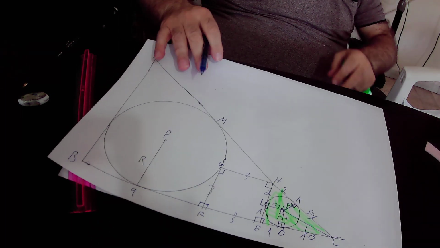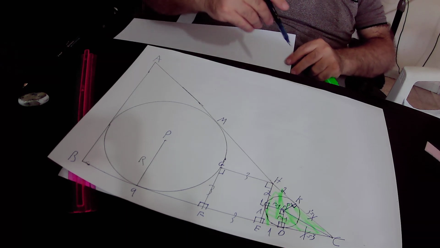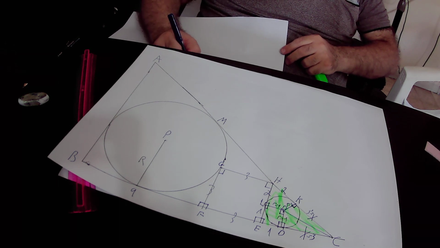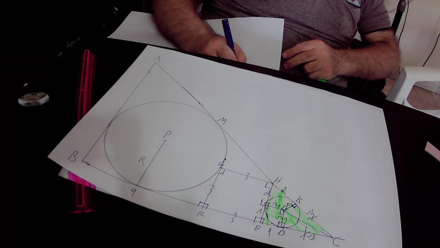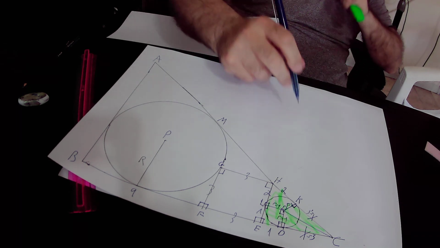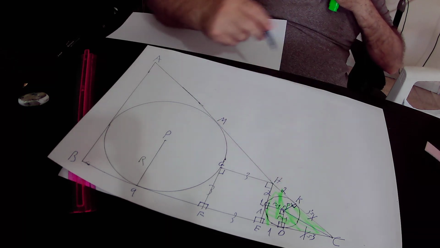So we prove that the right triangle OKC is congruent to the right green triangle ODC.